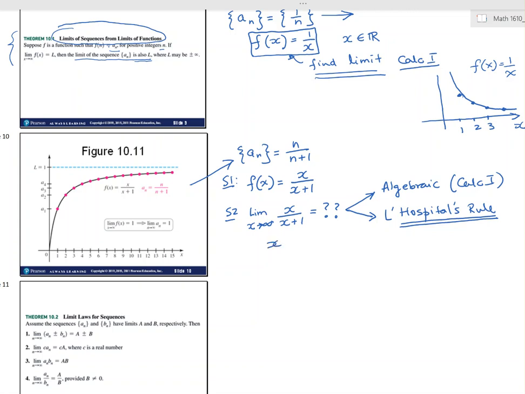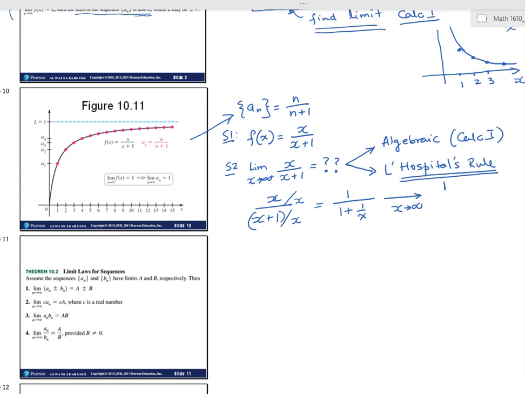So if you remember, the trick used to be that you would divide the numerator and the denominator appropriately. So I can divide the numerator by x and I can divide the denominator also by x. So if I do that, I get 1 over 1 plus 1 over x. Now as x goes to infinity, the numerator stays 1 and in the denominator you get 1 plus, now this term goes to 0 as x goes to infinity.